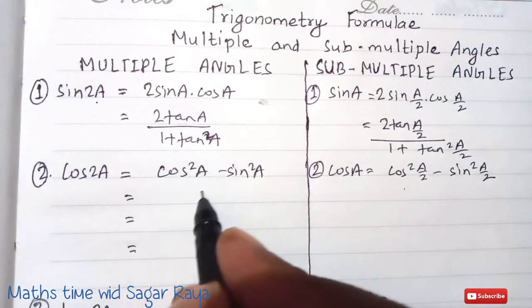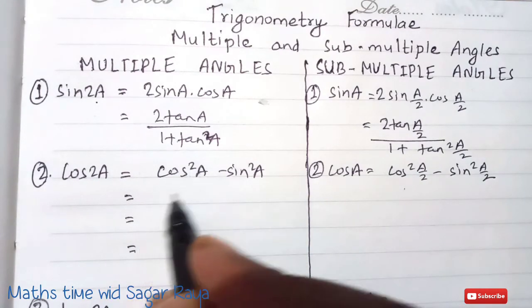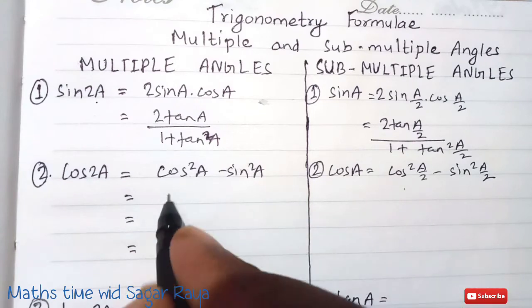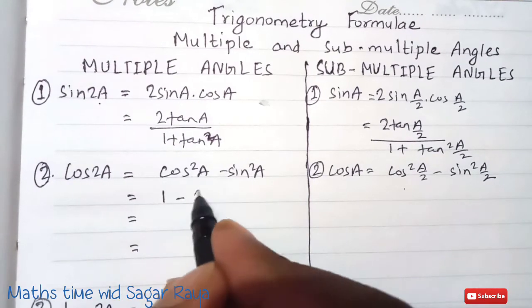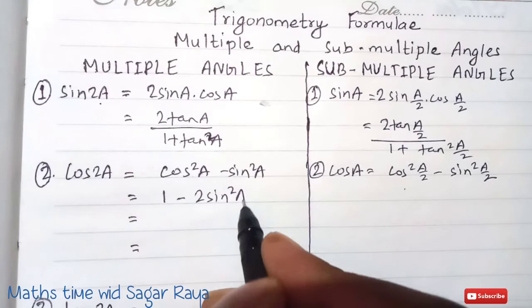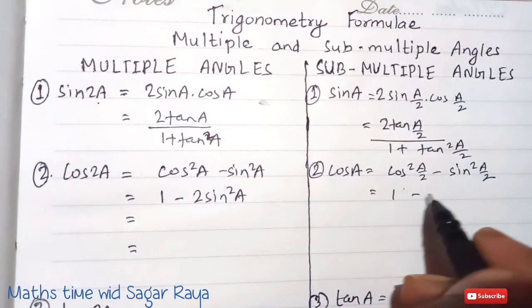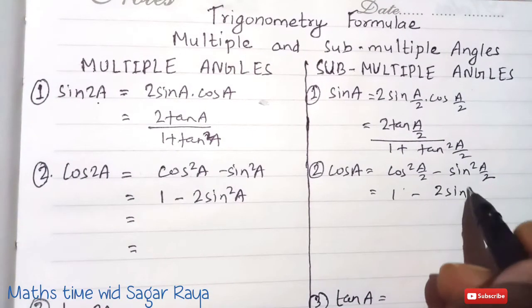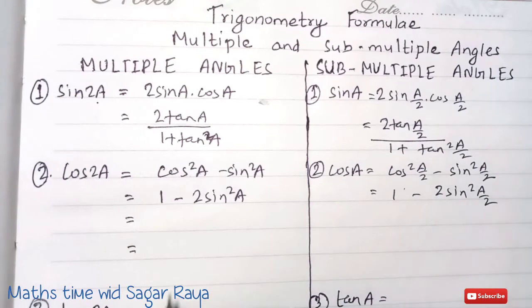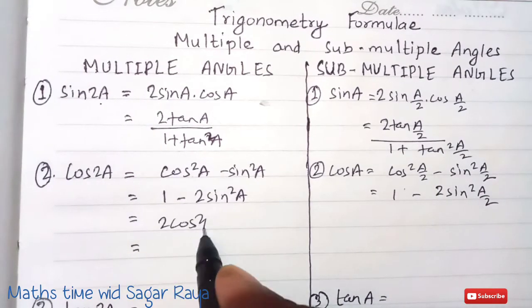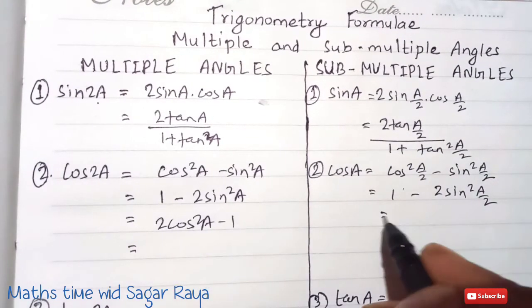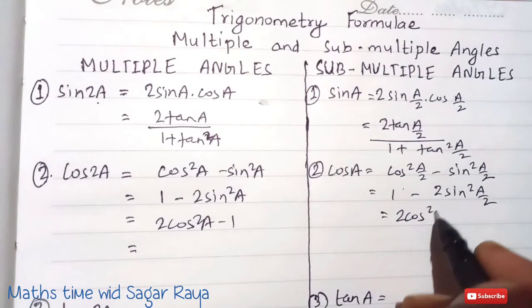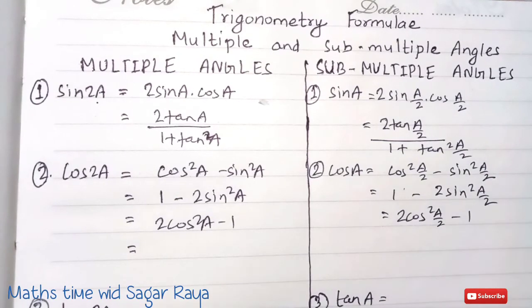Similarly, we have another formula also, so we can derive two more formulas from here. So 1 minus 2 sin square a, and here 1 minus 2 sin square a by 2. Here 2 cos square a minus 1, and here it will be 2 cos square a by 2 minus 1.